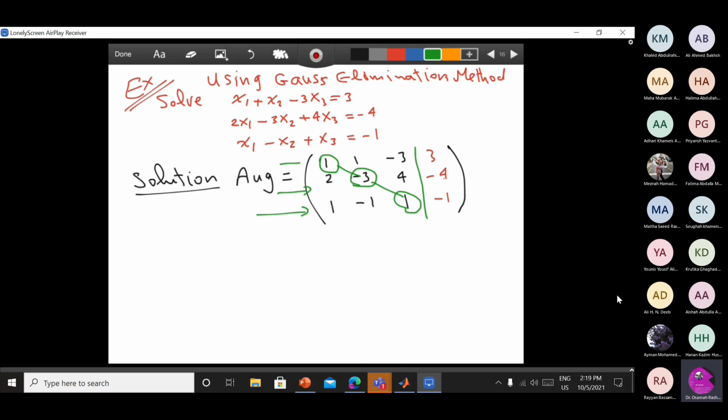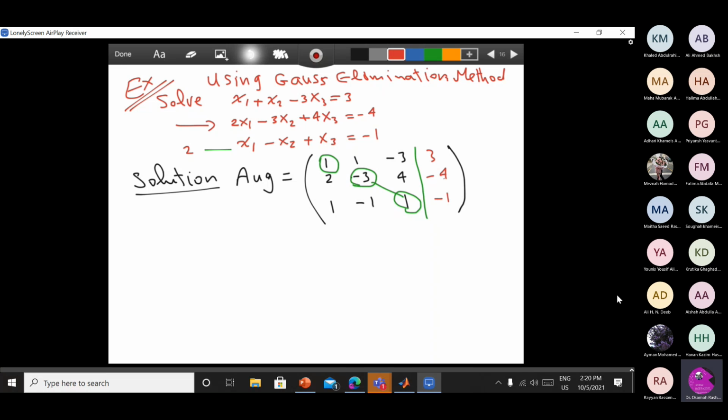If I would like to make this one 0, this one is the coefficient of x1 in this equation. Here the coefficient is 1. So we multiply this one by 2 and subtract it from this one, we will have 0. This is what we are going to do here.